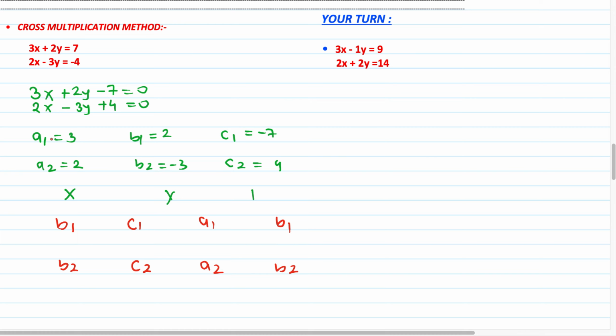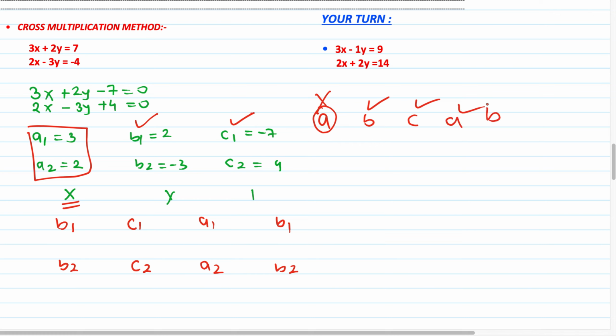If you don't understand, you can go with the logic again. You forget the x term, start writing b1 b2, c1 c2, then a1 a2 will come, and after that you go in the order of a, b, c. So you forget a first, start with b, c, then comes a, then comes b. This way you can go.